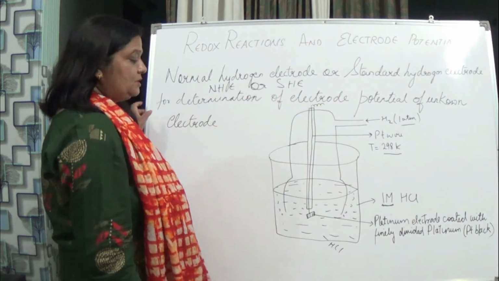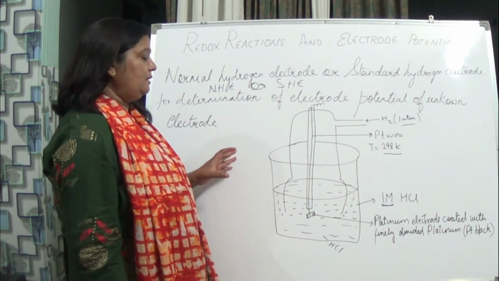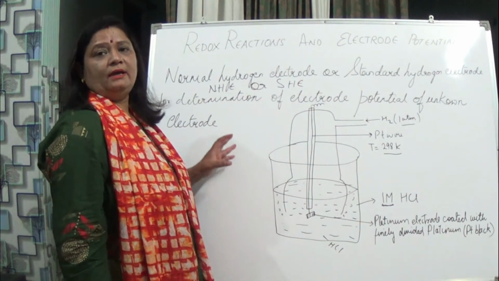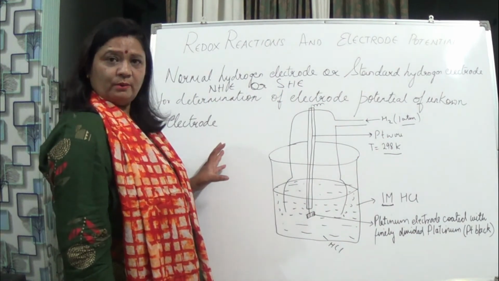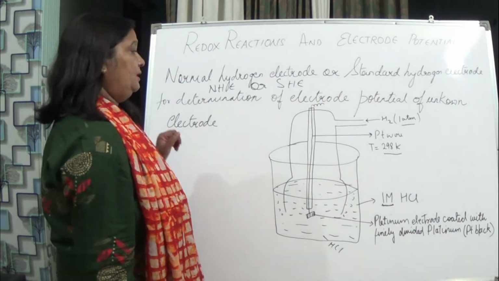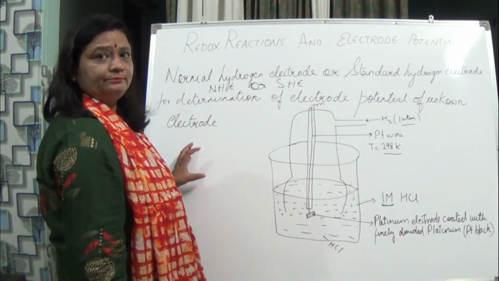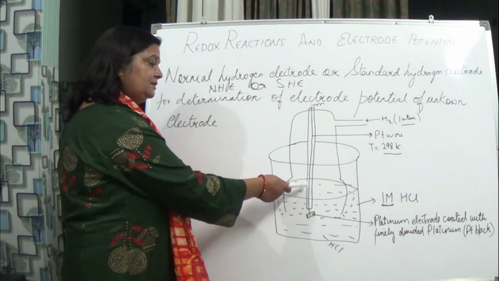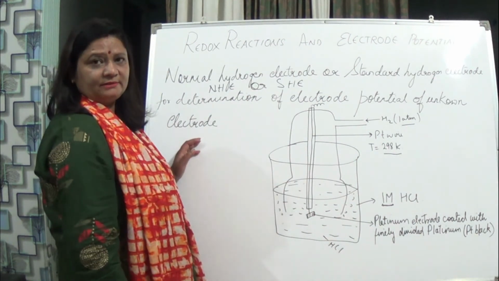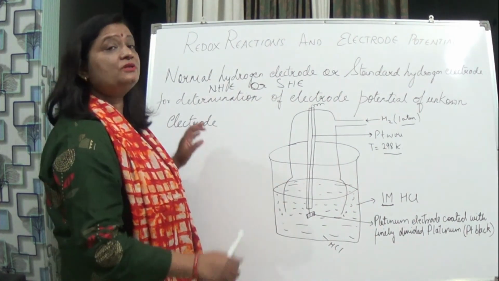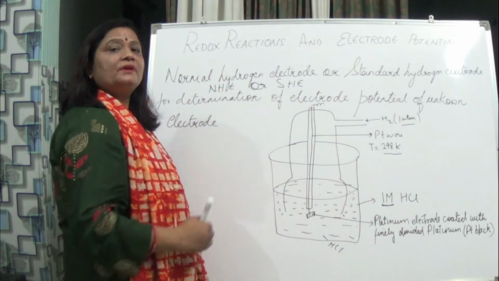Suppose this standard hydrogen electrode is connected with a zinc electrode. Naturally, what will happen here? Reduction will take place. It will accept the electrons because zinc comes at the top position in the reactivity series.